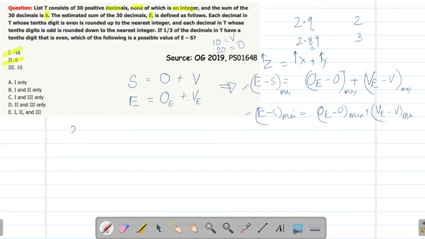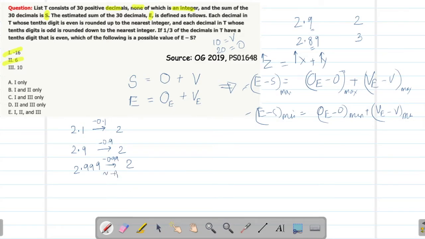Let's take a couple of numbers, 2.1 and 2.9. 2.1 drops to 2, so it has a drop of 0.1. 2.9 also drops to 2, so it has a drop of minus 0.9. But let's not stop there. 2.999 drops to 2 also, and this has a drop of minus 0.999, which is equivalent to minus 1.